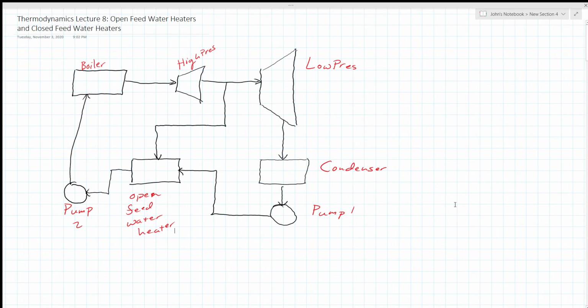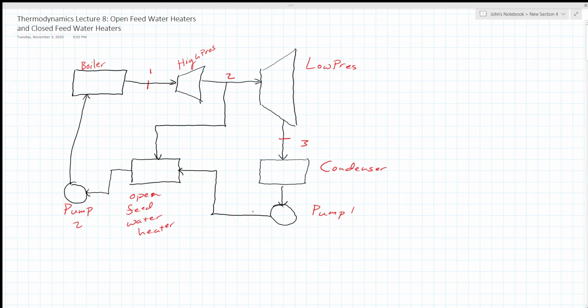Well, first we're going to look at what an open feed water heater does. Here we have a basic open feed water heater cycle with a turbine. Steam will leave from the boiler and go through the high pressure turbine.